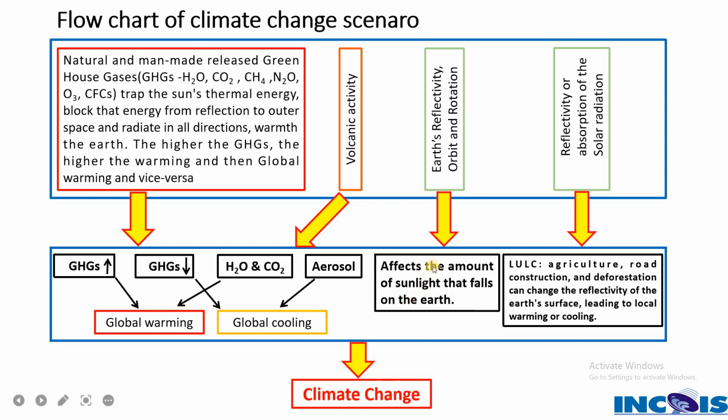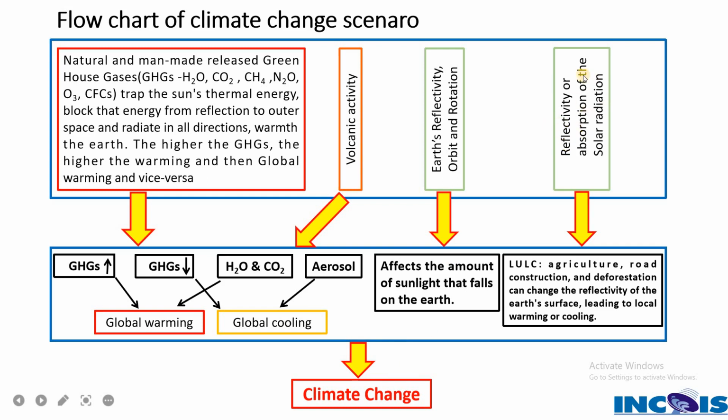For example, for a unit area of the earth, if you are receiving x amount of sunlight, then you see some kind of temperature. And now, because of the change in these periodicities, if two times the amount of solar radiation is reaching the unit area of the earth, then obviously there will be a huge change and a huge amount of warming, right?